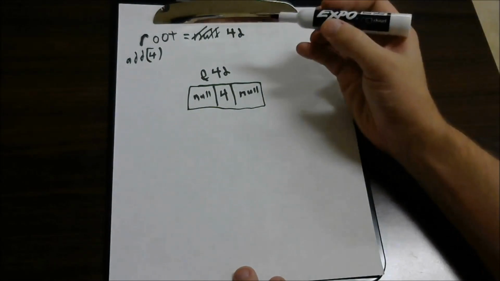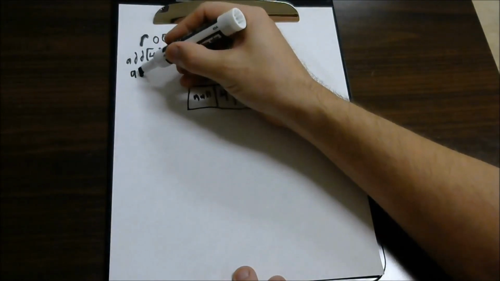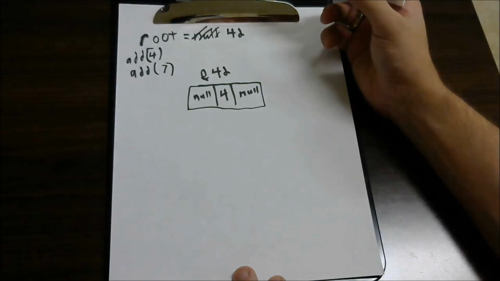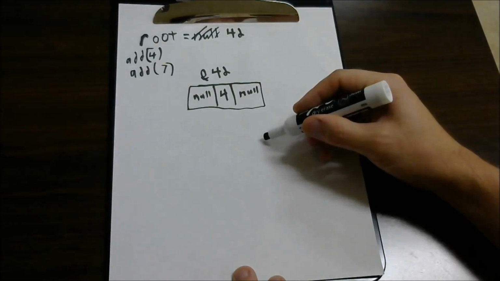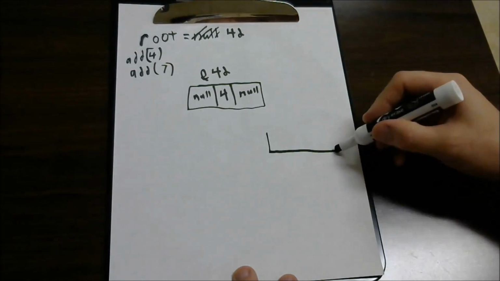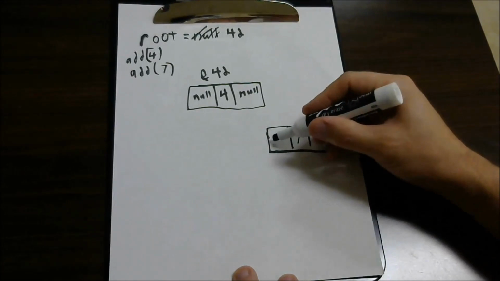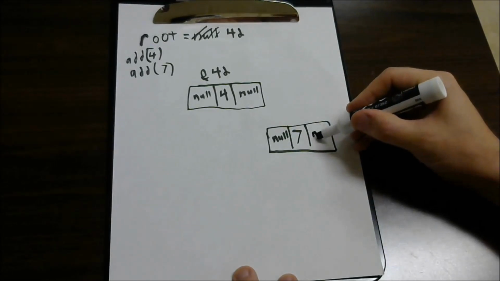All right, next. Let's say we wanted to add 7 to this list. Because we're working with a binary search tree, we're going to need a new node that stores the value 7 and has nobody on the left and nobody on the right.